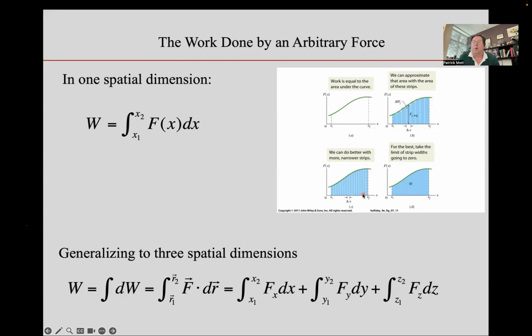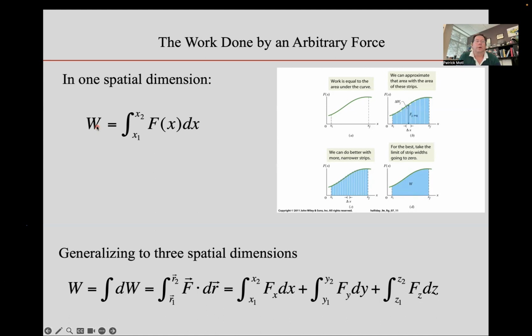But if I make more and more rectangles, I'm going to do a better and better job. And if I let this interval size, delta x, shrink to an infinitesimal size, dx, then what I'm actually doing to get the area under this curve from x initial to x final is integrating the function.